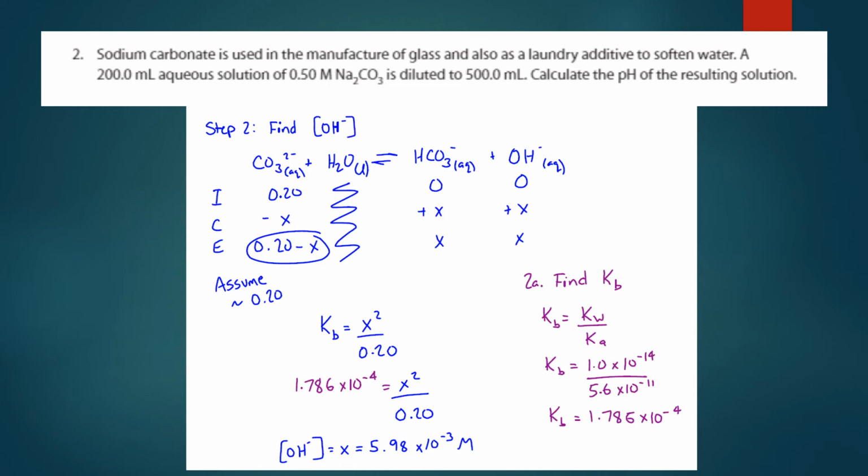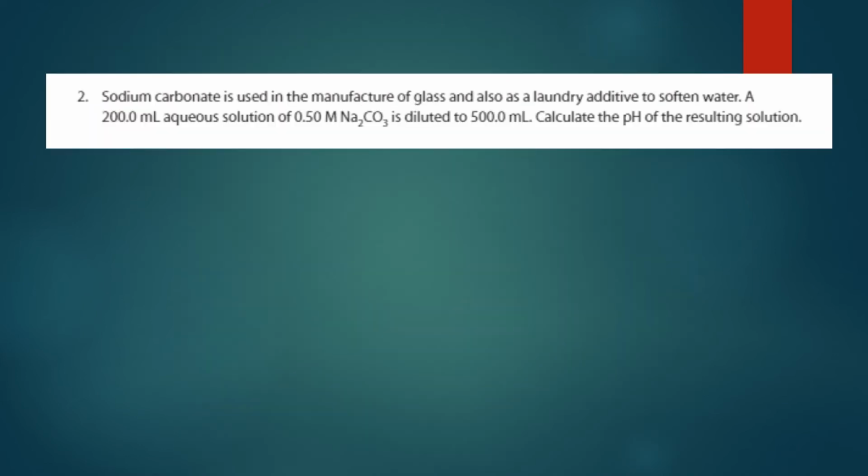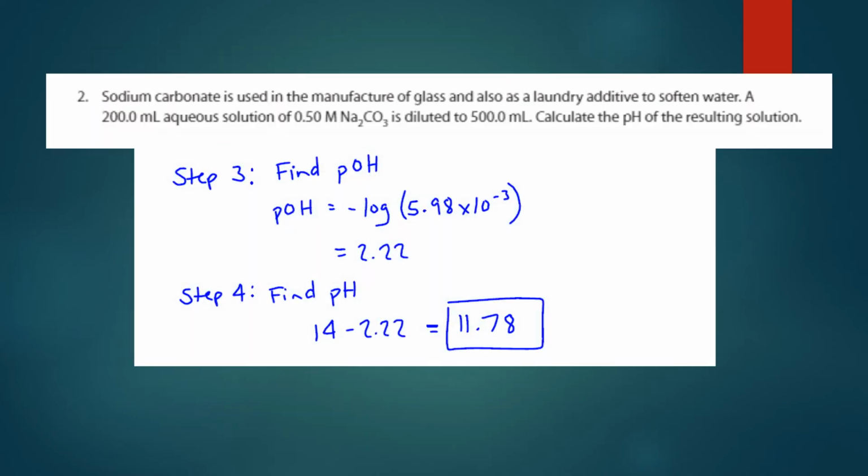I'm taking the negative log and going to be finding my pOH. So finding the negative log of 5.98 times 10 to the negative 3 gives me a pOH of 2.22. The last thing that I'm going to need to do with this question is to find the pH of the resulting solution.